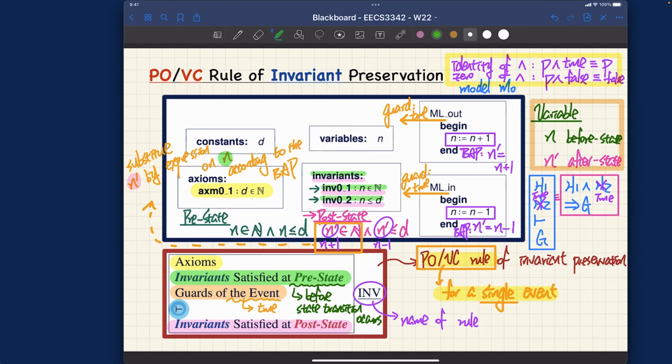And the way to really find out the relationship between the post state and the before state is the before-after predicates. Exactly, right? So that's exactly what we're doing, and that's why the BAP over here is so important to know. And don't forget, this proof obligation must be instantiated for both events ML_out and ML_in, because they have different before-after predicates over here.